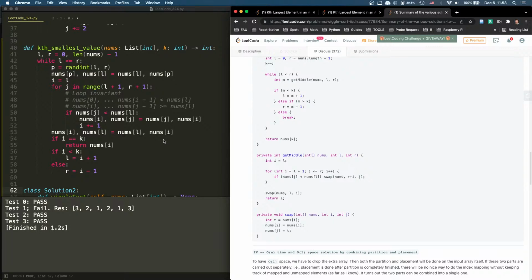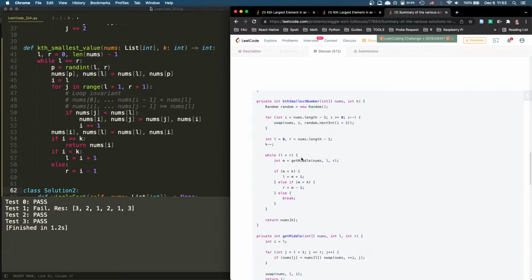And then we say if I is smaller than K, left is I plus 1 and right is I minus 1. I also return nums I. What did I go wrong?